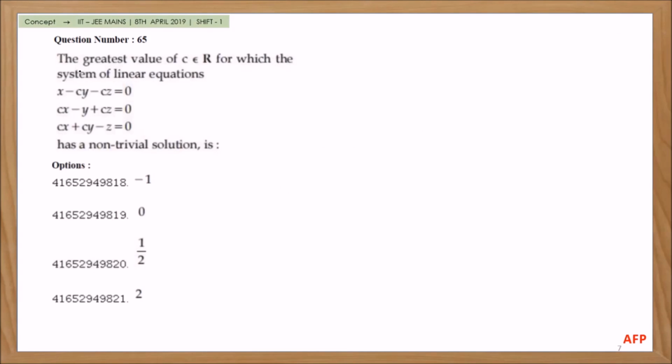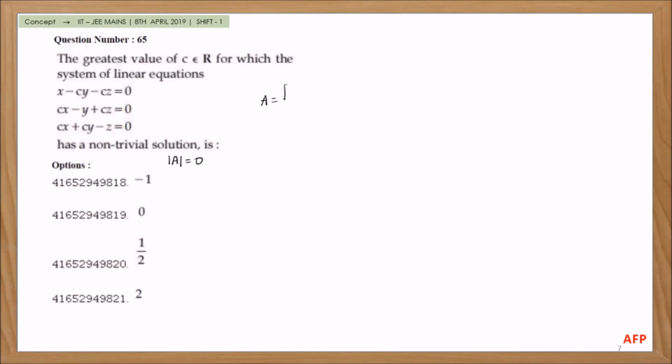Next problem. The greatest value of c belonging to real numbers for which the system of equations, a system of equations is given, has a nontrivial solution. A nontrivial solution means determinant of A is equal to 0. So first we will write the matrix.